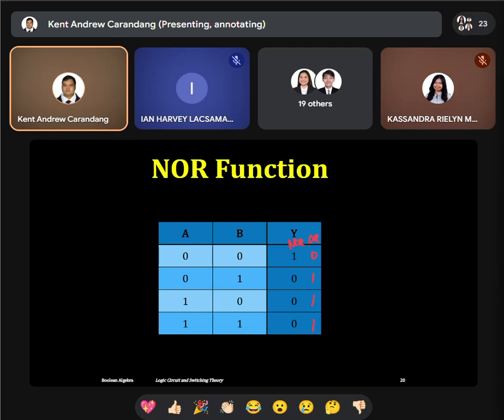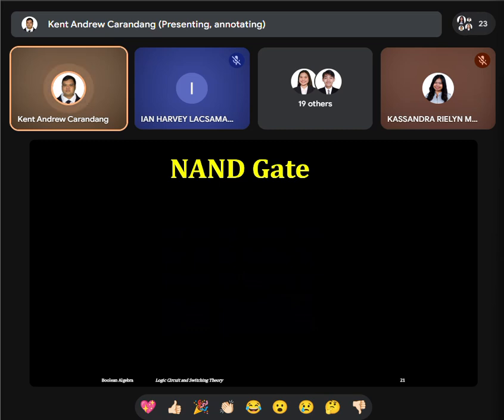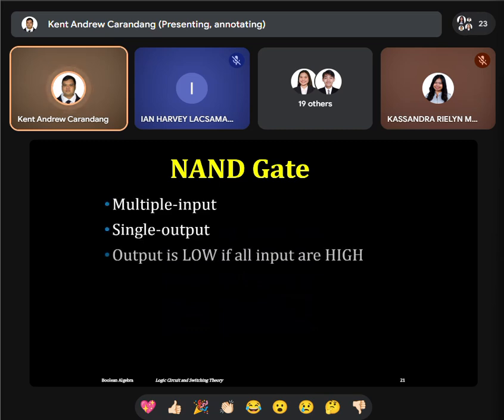Next, the NAND gate. The NAND gate has multiple inputs and a single output. The output is low if all inputs are high. So this is NOT AND, the same concept as the NOR gate.